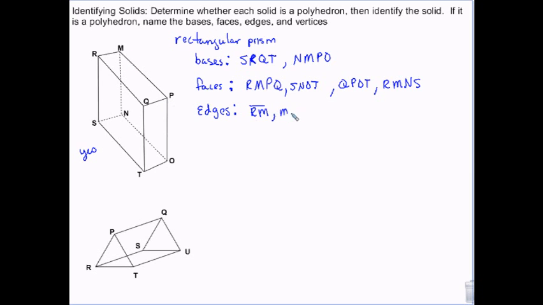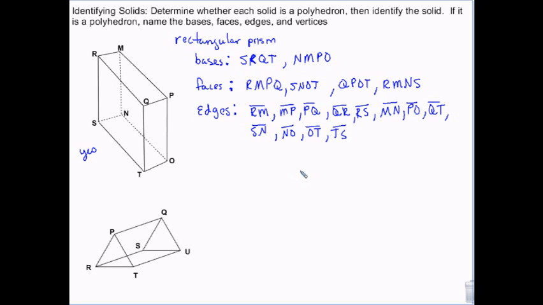MP, PQ, QR, and then normally I just go around the top and then I go down the sides, so I have RS, MN, PO, QT, and then the bottom edges, so SN, NO, OT, and TS. So those are all of the edges.